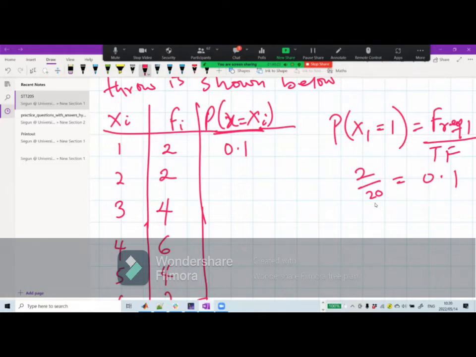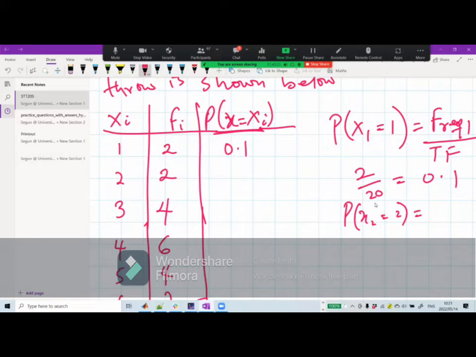Okay. Now let's find the probability for x2. What's the frequency of x2? The answer is 0.1.